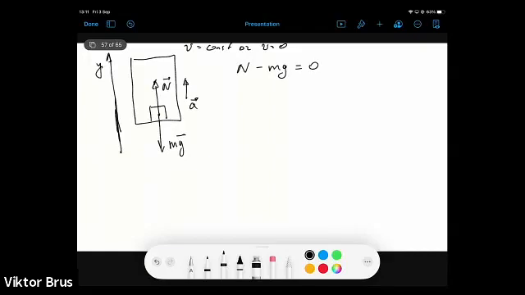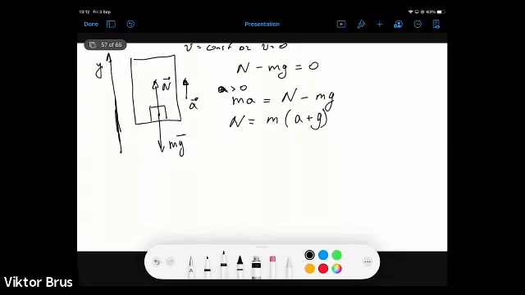Now, when this lift is moving upwards with some acceleration a, which is positive, then we can write m times a is equal to N minus mg. And from here, we can rearrange it in order to express N. It is equal to m times (a plus g).